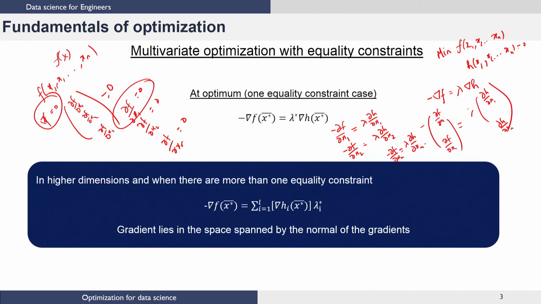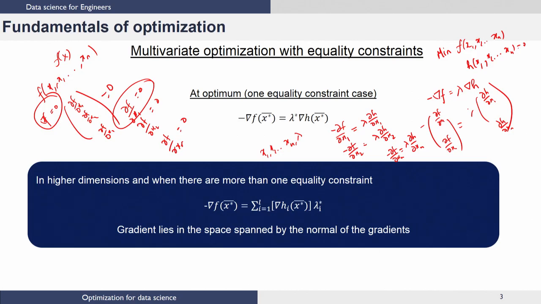So, now notice, much like before I have n equations, the difference being in the unconstrained case I had zeros on the right hand side, in the constrained case I have these terms on the right hand side. Nonetheless, these equations are now in n plus 1 variables, okay, because I have my x1, x2 all the way up to xn, and I have also introduced a new variable lambda right here.